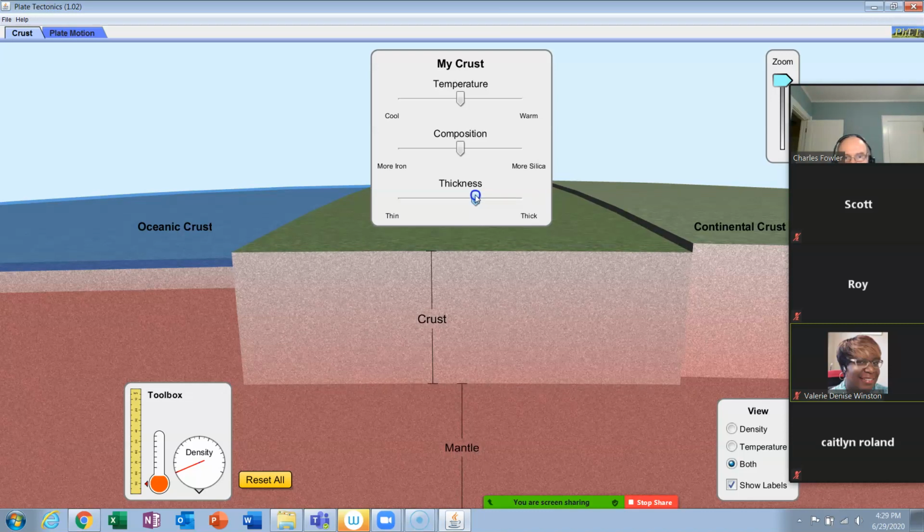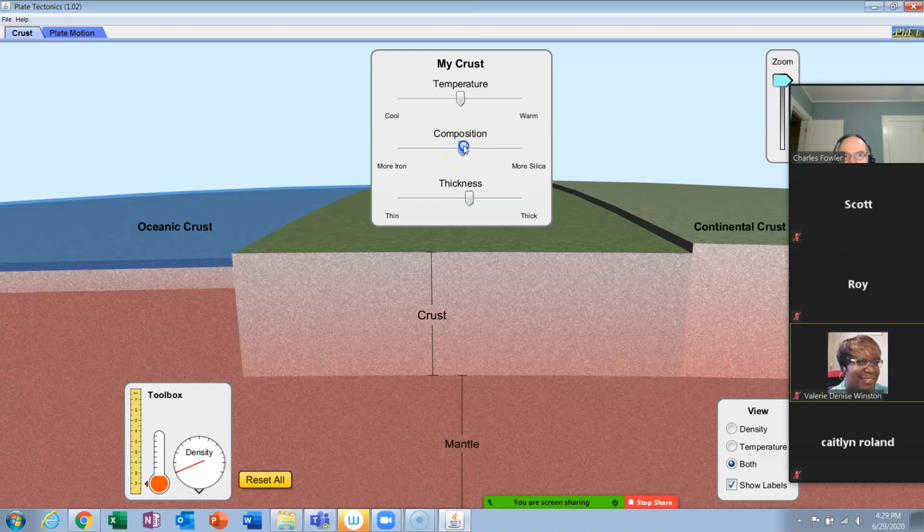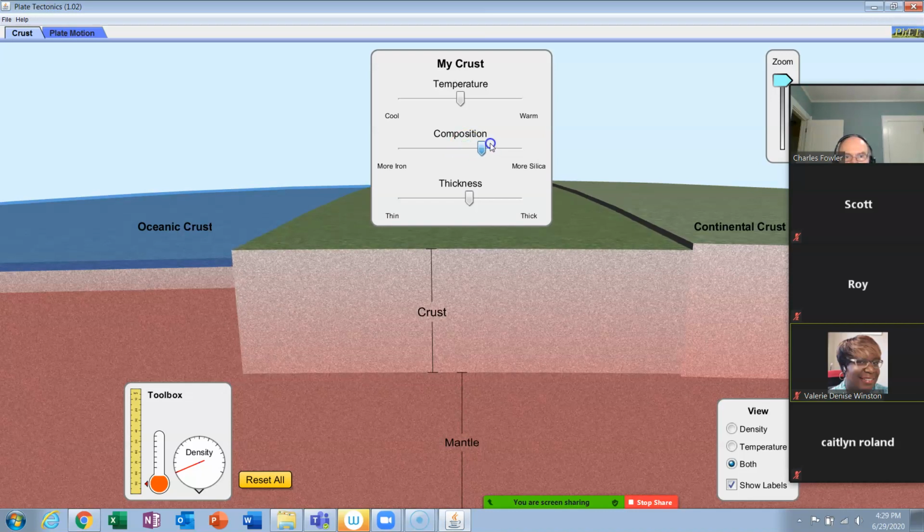Now, there's a way to make them even at the top too, and I haven't quite done that. Composition, I'm going to do more silica because see, it's darker than the continental crust. See, my crust here, so I need to do its composition more towards silica. And when I do that, you see the top rises.